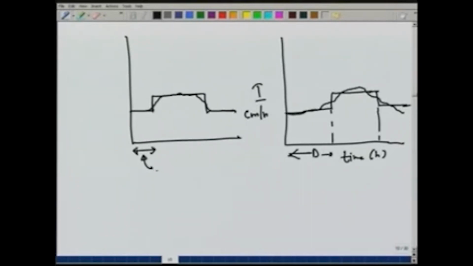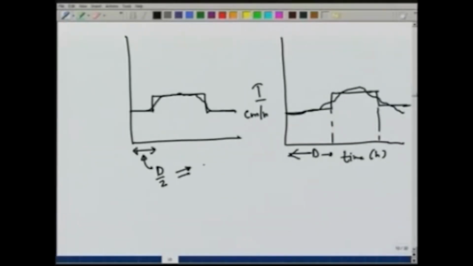So, suppose this is, just for simplicity, let us make it d by 2. So, now the question is, how would we obtain the DRH for this rain? Because the DRH which is given to us has a duration of d, and this rainfall which is given has a duration which is smaller than d.